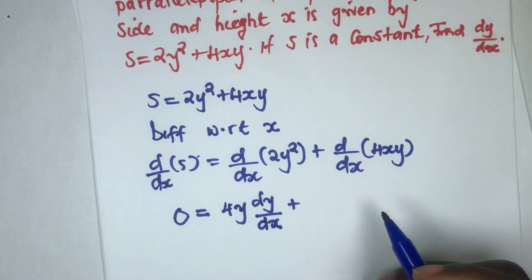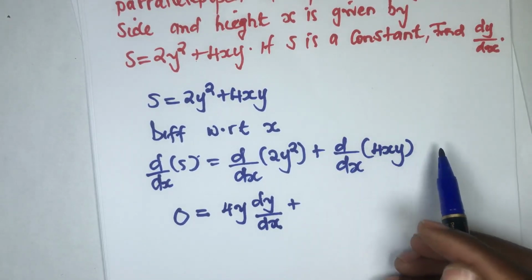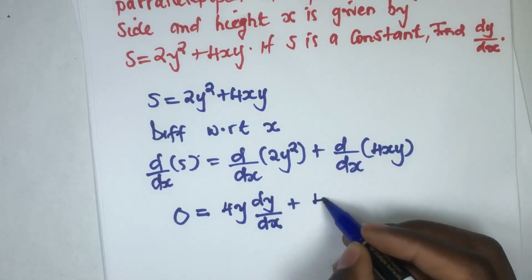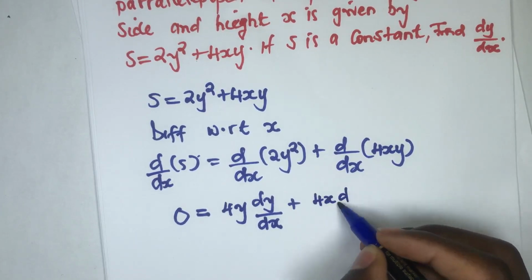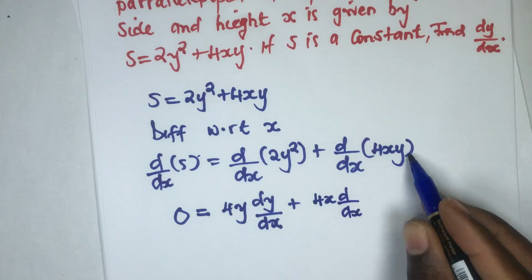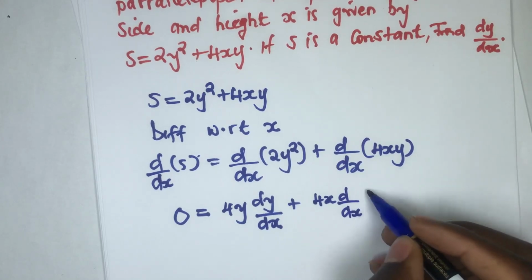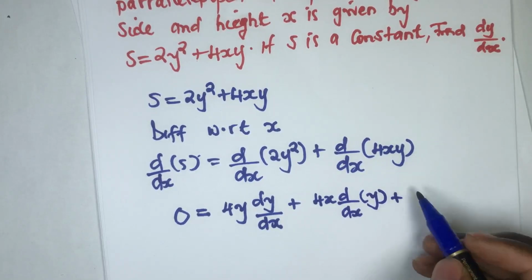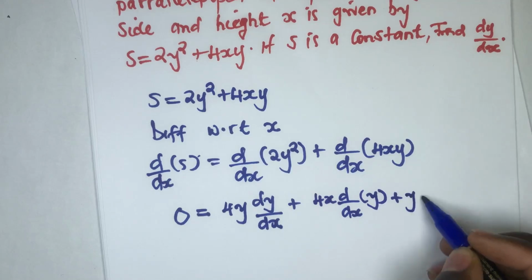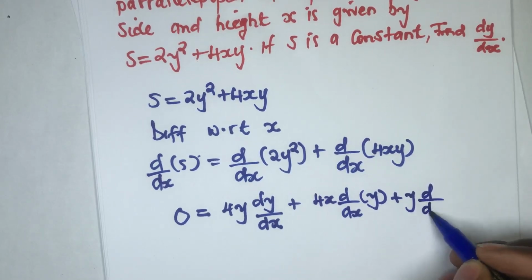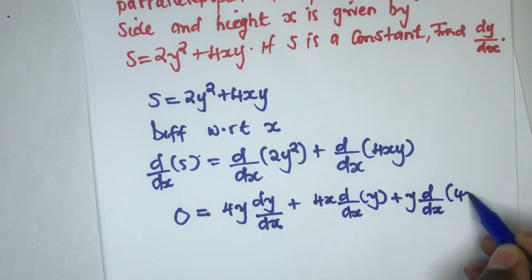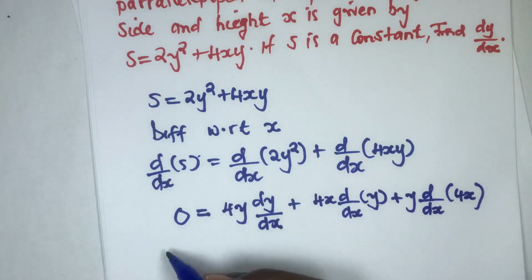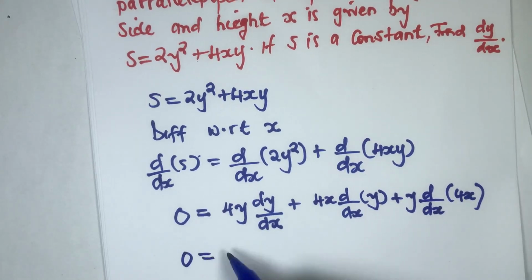With the product rule, we keep the first function, 4x, and differentiate the second function, y, with respect to x, plus we keep the second function, y, and differentiate the first function, 4x, with respect to x.